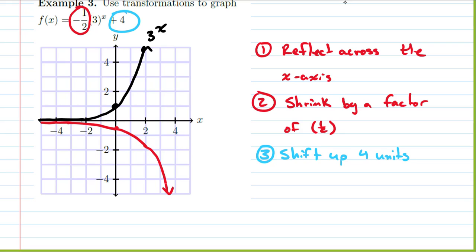It's going to do something like this. And then we need to shift our graph up 4 units. So we go up 1, 2, 3, 4. And we're still going to have our horizontal asymptote here. Our graph is going to look something like this.